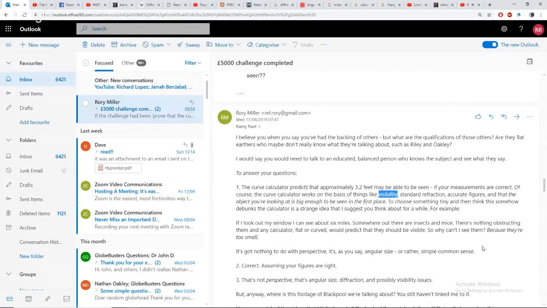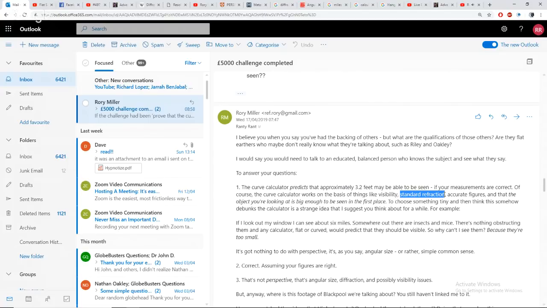There isn't a single curve calculator out there that includes visibility as part of the model for the curve calculator. That is a bold-faced lie. It is wrong. And he's including this to just try and add more fluff to his squirming and lies.